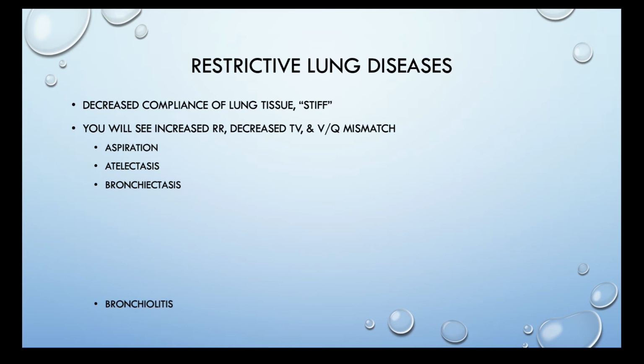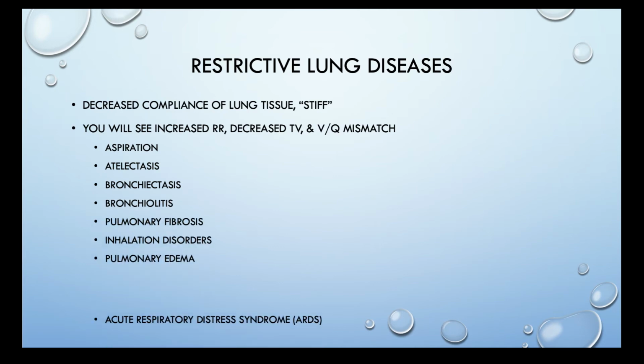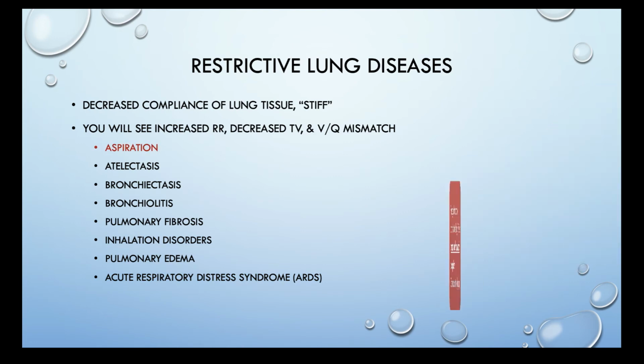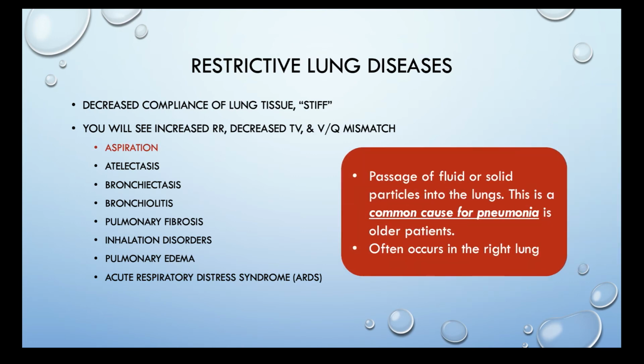So these are all of our restrictive, or actually just the most common restrictive lung diseases that you'll see in the acute care setting. So the first one, aspiration, this is when you get fluid or solid particles into the lungs.